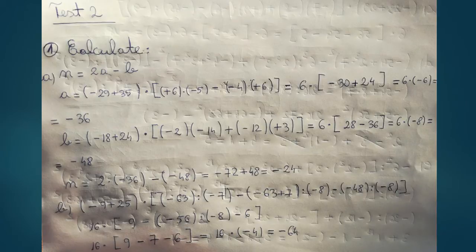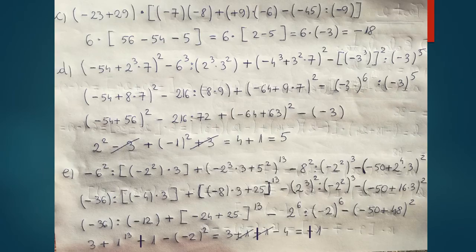So we have 16 times 9 minus 56 divided by minus 8 minus 6, which is equal to 16 times 9 minus 7 minus 6, which is equal to 16 times minus 4, which is equal to minus 64.